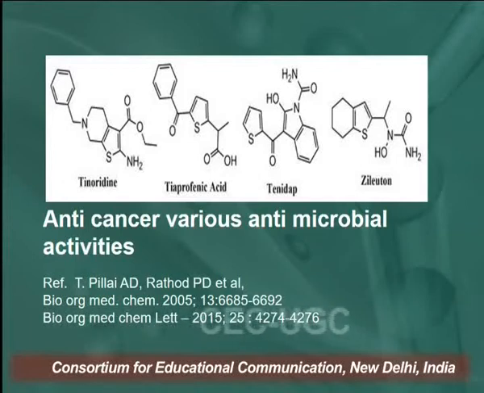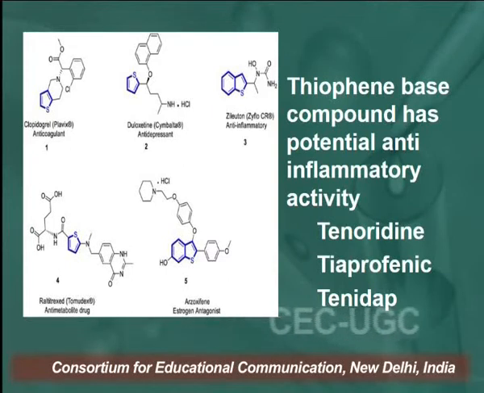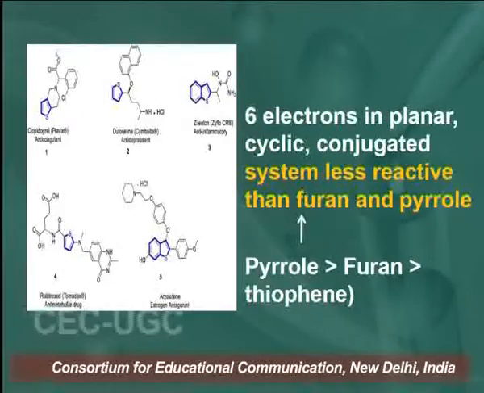So, these are the thiophene derivatives and they have very important medicinal value. Along with that, you can see on your screen these are again different thiophene derivatives. All the structures on your screen have a thiophene. So, these thiophene based compounds have potential anti-inflammatory activities and are very useful in medicinal chemistry.